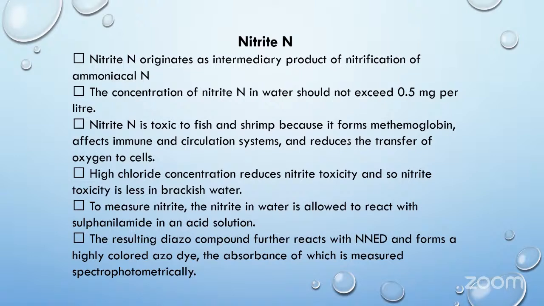To measure nitrite, the nitrite in water is allowed to react with sulfanilamide in an acid solution. The resulting diazo compound further reacts with NNED and forms a highly colored azo dye, the absorbance of which is measured spectrophotometrically.